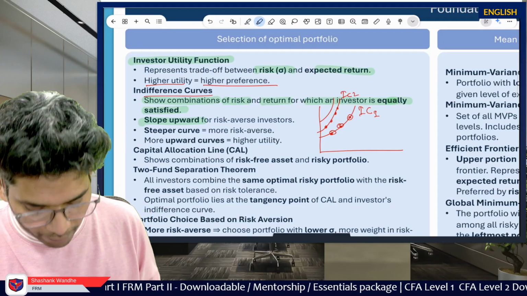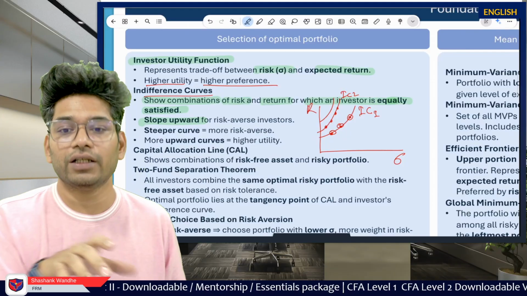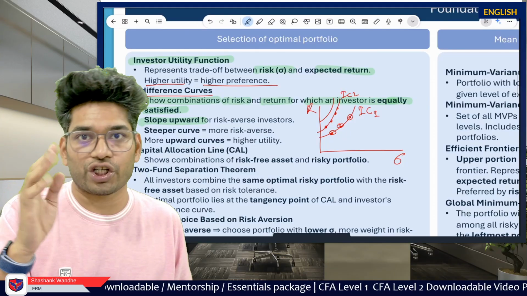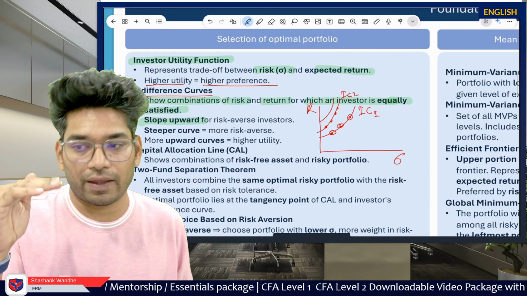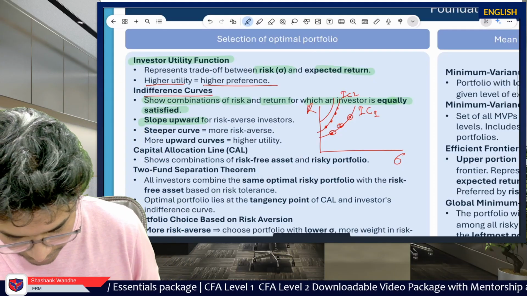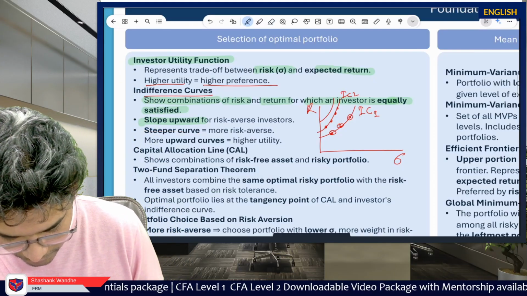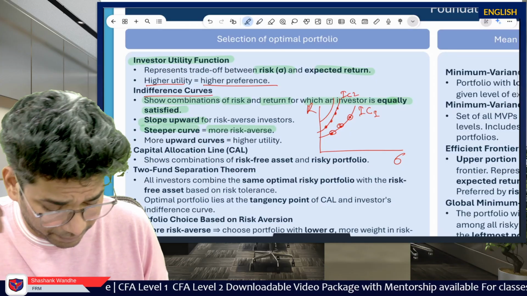These are sloping upwards because as the risk increases, here you have the risk and here you have the return. So as the risk increases, the risk aversion, remember, our fundamental assumption is investor is risk averse. So if he has to take more risk, he will ask for more return. And the steeper curve means more risk averse.